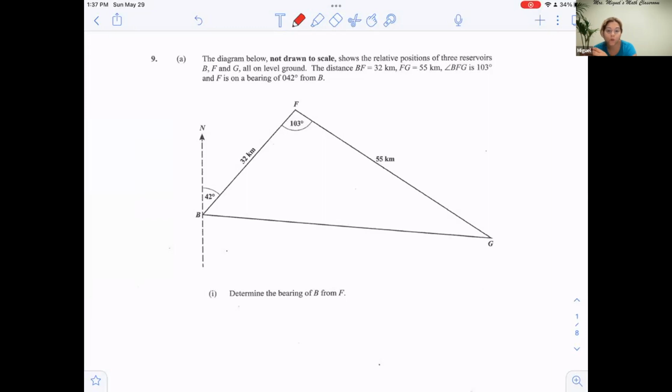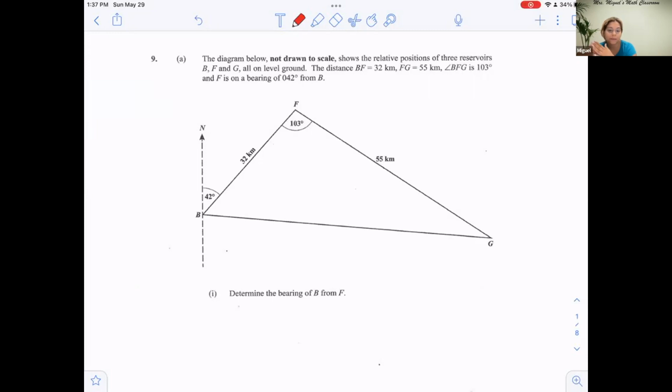The diagram below, not drawn to scale, shows the relative positions of 3 reservoirs, B, F, and G, all on level ground. The distance BF is 32 kilometers, FG is 55 kilometers. The angle at F is 103, and the bearing is 42 degrees from B of F. Determine the bearing of B from F. So we always measure bearings from the north line.